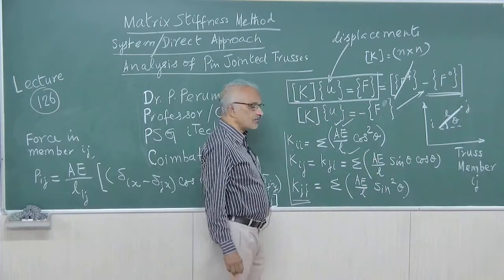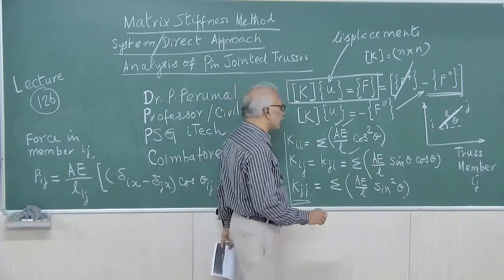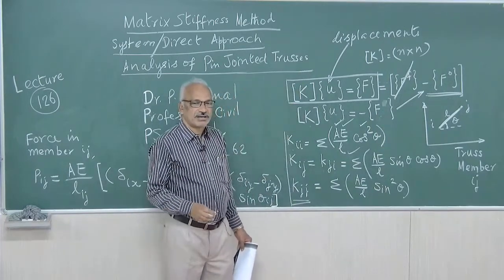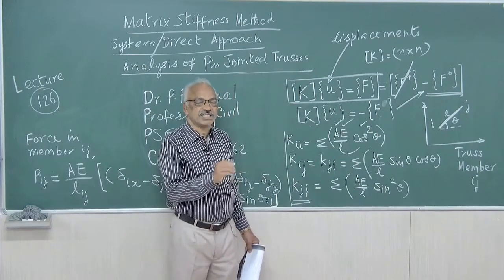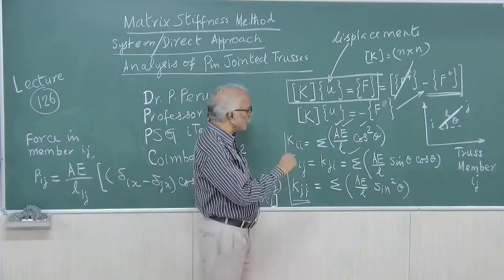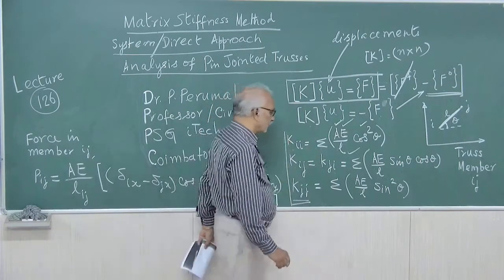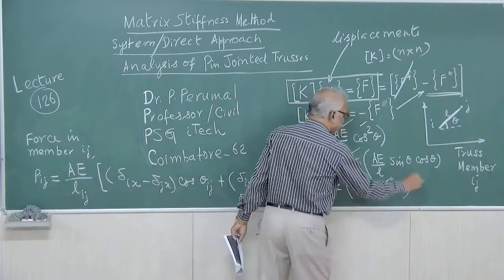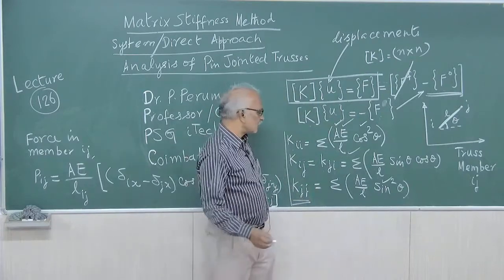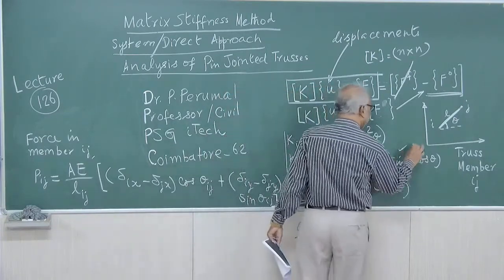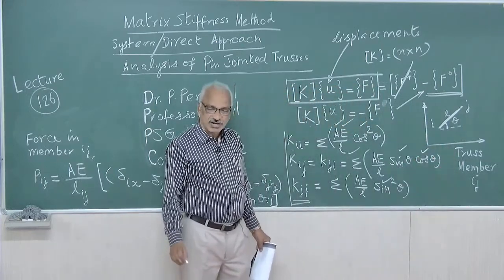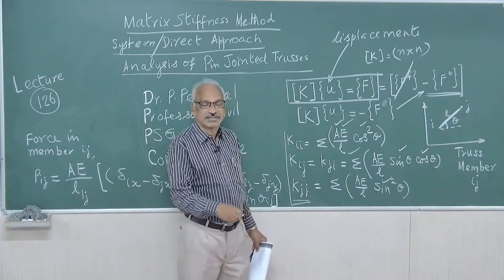Then one column for cos theta. We have to find out the value of theta for the members, which we will discuss in the problem. Then one column for cos square theta, one column for sin theta, one column for sin square theta, and one column for sin theta cos theta. After all these things, we can decide the number of columns.